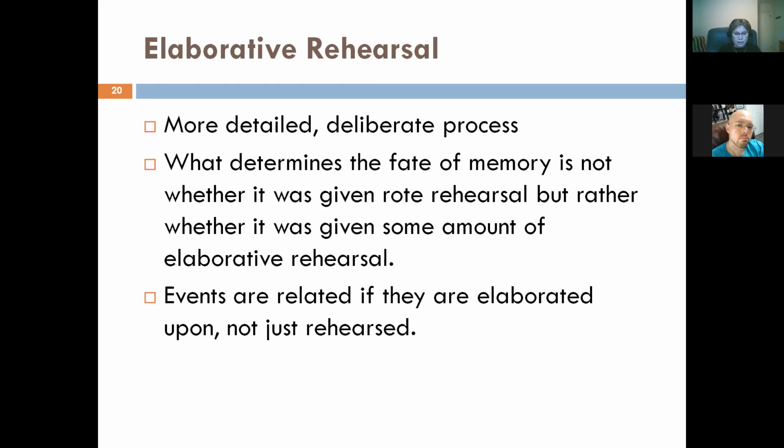And the prediction was that if this maintenance rehearsal works, then words that were rehearsed longer would be remembered better. But the results were absolutely identical. P that was rehearsed once and potato that was rehearsed 8 times were recalled on average 17% of the time. That is, maintenance rehearsal in the verbal learning paradigm did not work at all.